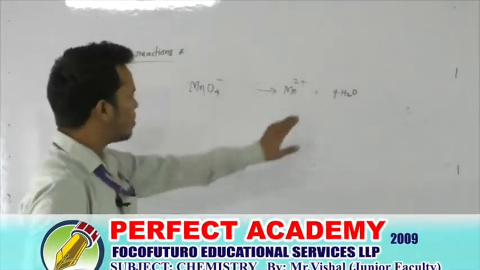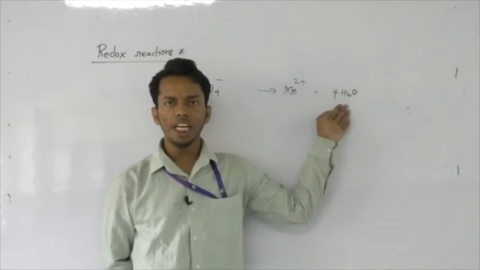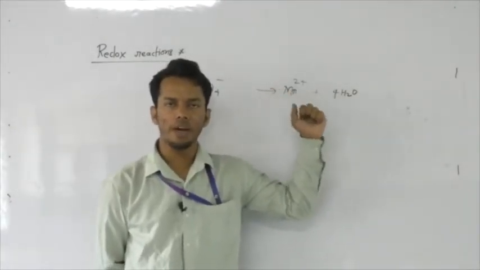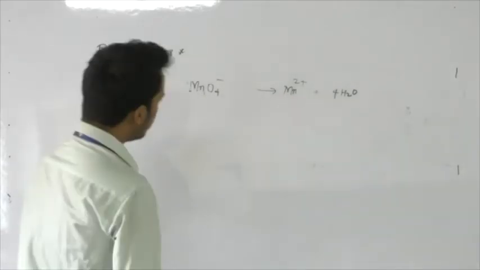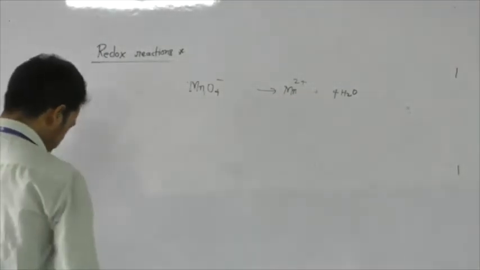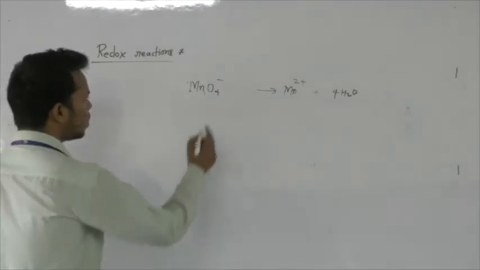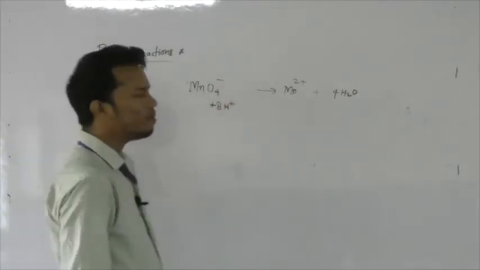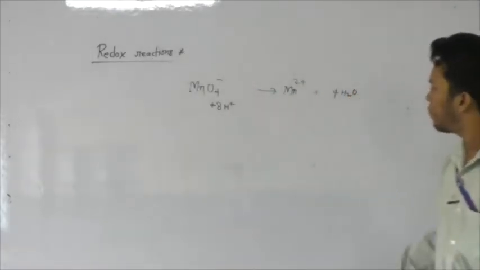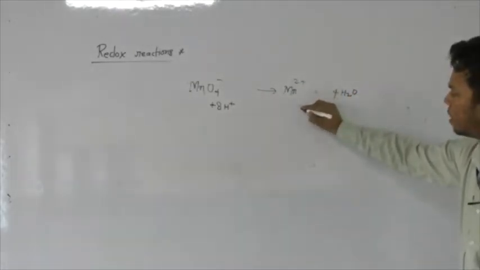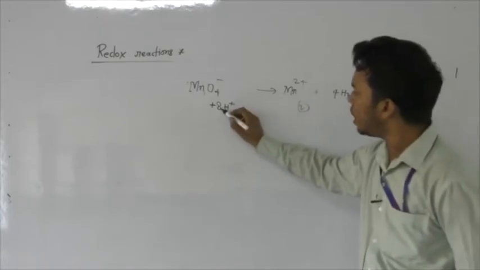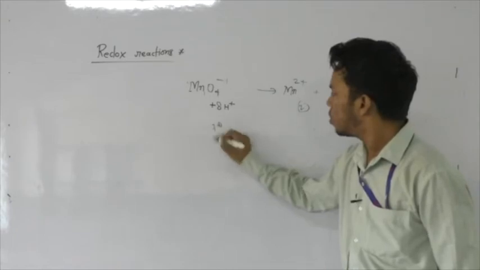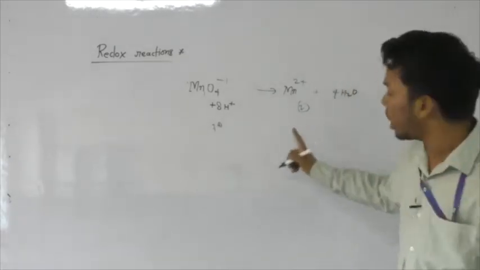Now you can see 8 hydrogen is present on the product side. On the reactant side you have to add 8 H plus. How many plus charge here? 2 plus charge. How many plus charge here? 8 plus and 1 minus means 7 plus charge. What will you do to get 2 plus?